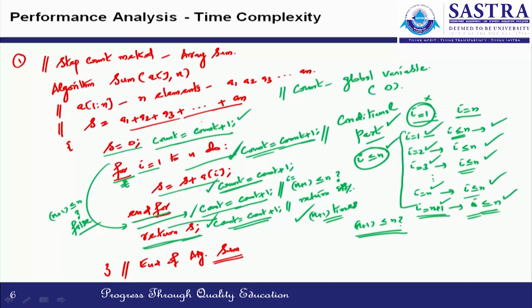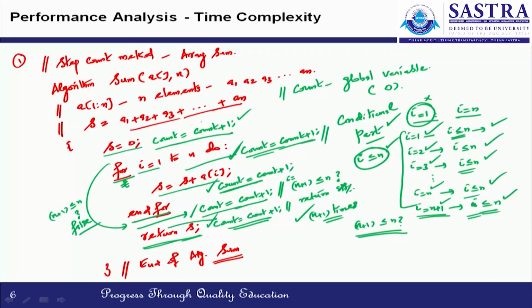These three count statements are not placed as part of the for. So, we can write in a single line simply count is equal to count plus 3. Thrice count is executed outside the for.